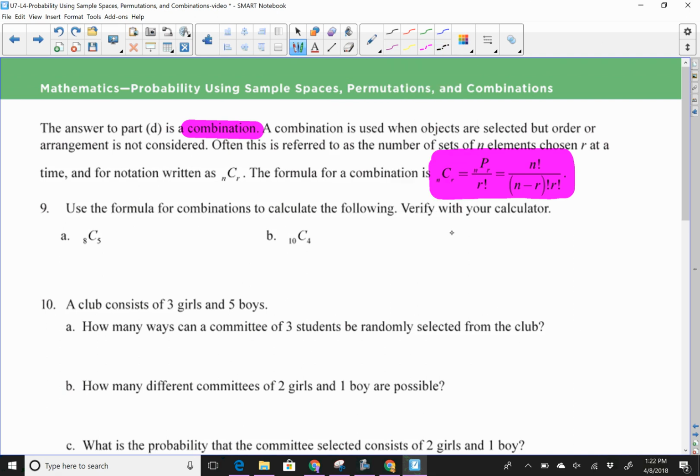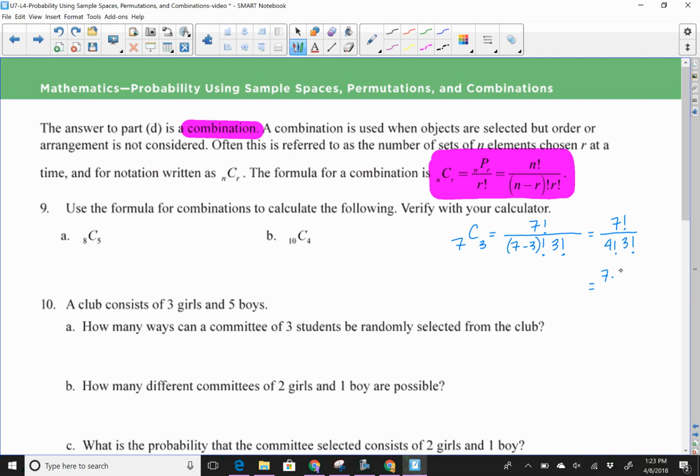So if I did 7C3 with this formula, that means I have 7 factorial over 7 minus 3 factorial, and then 3 factorial. That equals 7 factorial over 4 factorial, 3 factorial. This is what you'll have to show me when you do one of these by hand. And then if you remember that little shortcut, I'm going to take the bigger one.